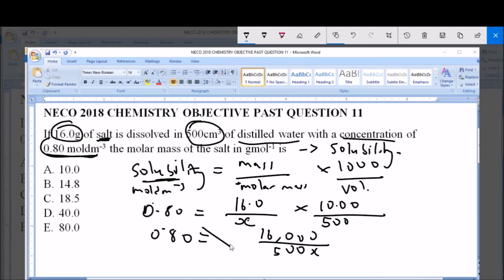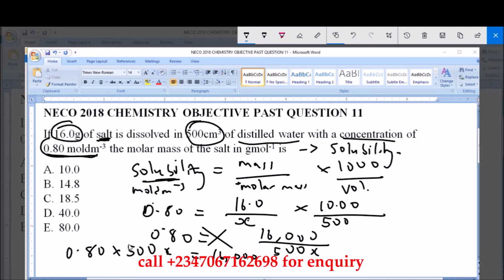So what we do now is to cross multiply, and when we do that, we'll have 0.80 times 500 x is equal to 16,000. Now 0.80 times 500 x is equal to 400 x, equal to 16,000.